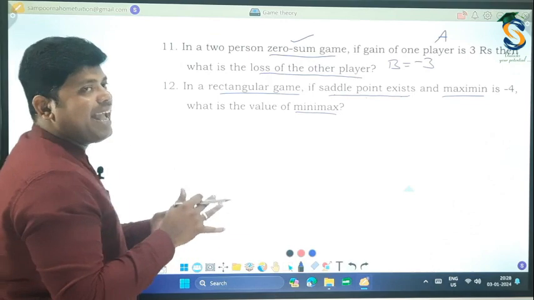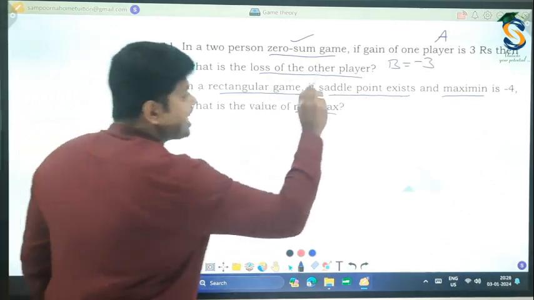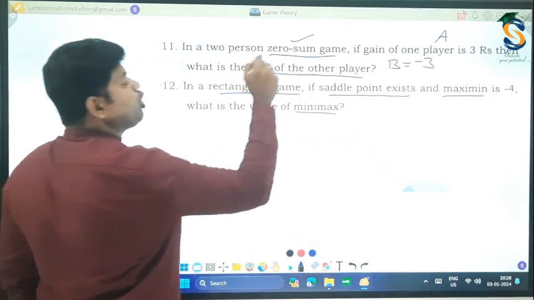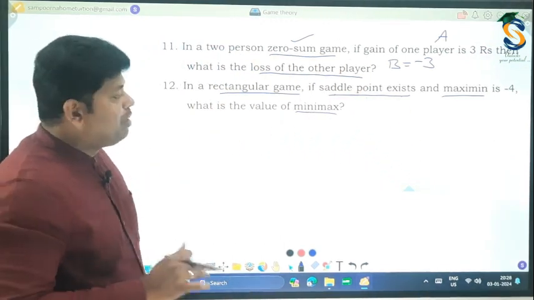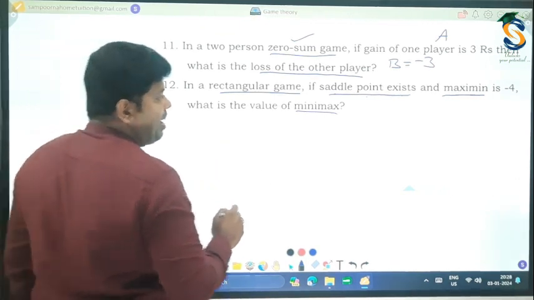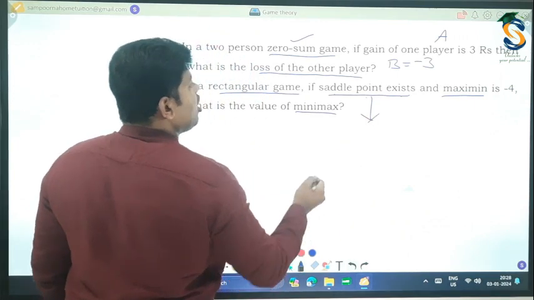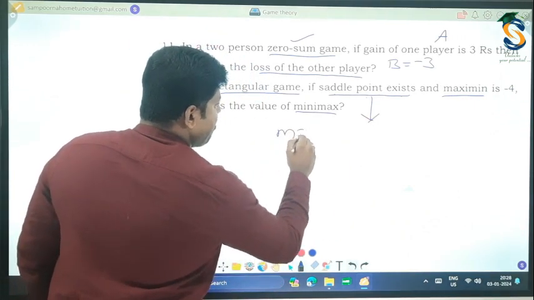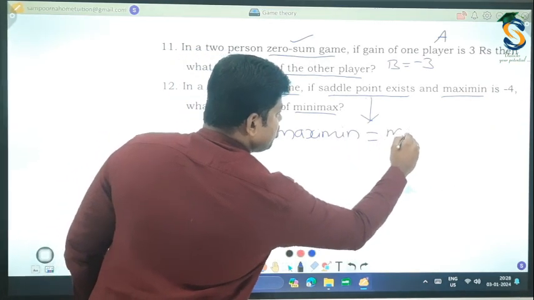When a saddle point exists, you have to remember, my dear students, maximin will be equal to minimax. So whenever a saddle point exists, then it is obvious that maximin is equal to minimax.